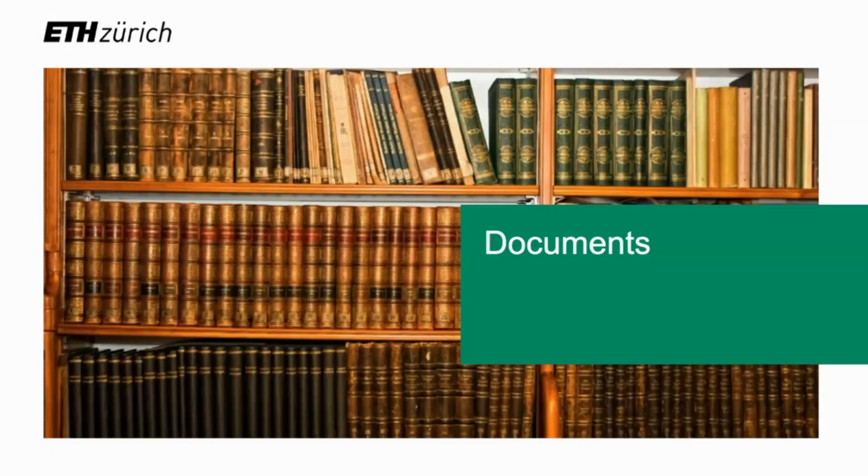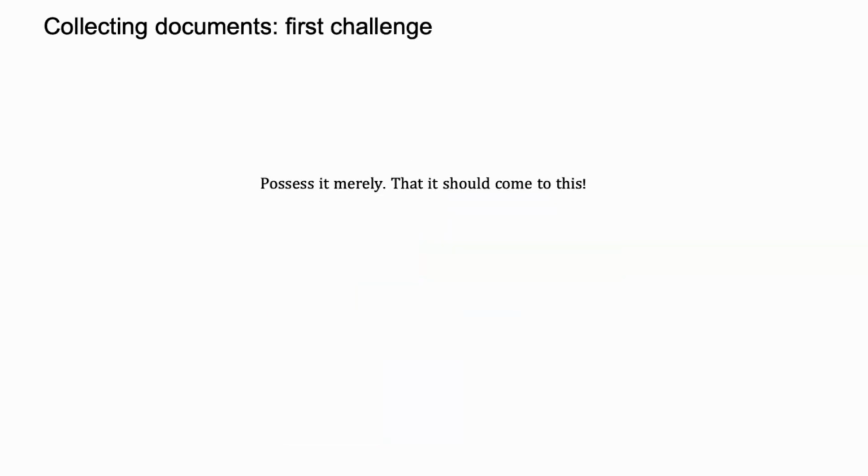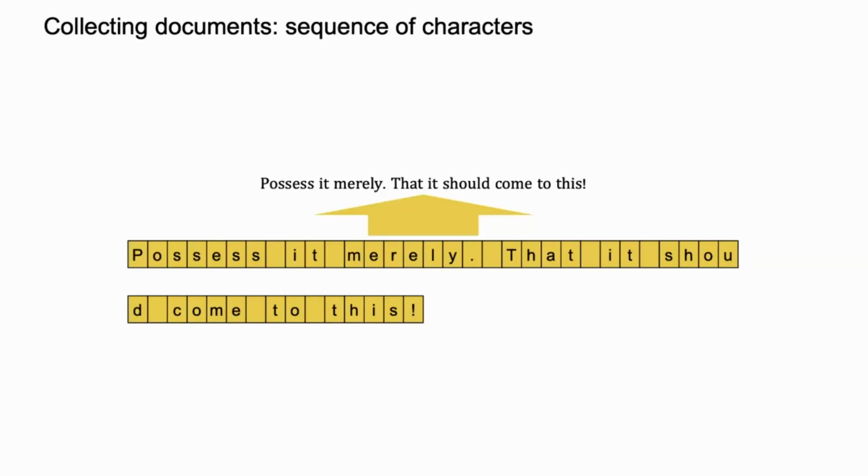Okay, so the documents. Let's focus a little bit on this preparation. So we want to collect documents, millions, billions of documents that are going to be the nodes in our graph, or that are going to be giving us the document IDs in the postings lists. So the first challenge we have is that we need to read the documents, decode them.